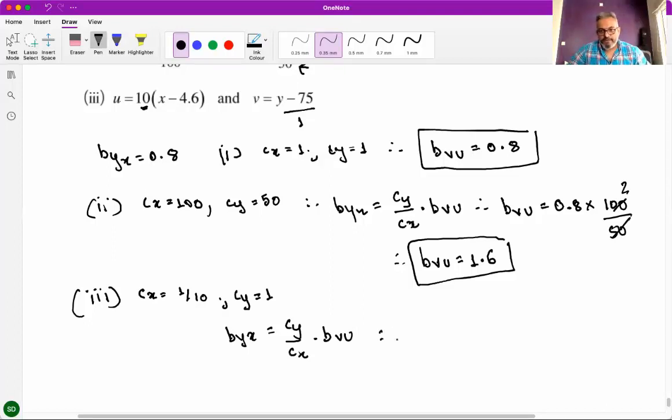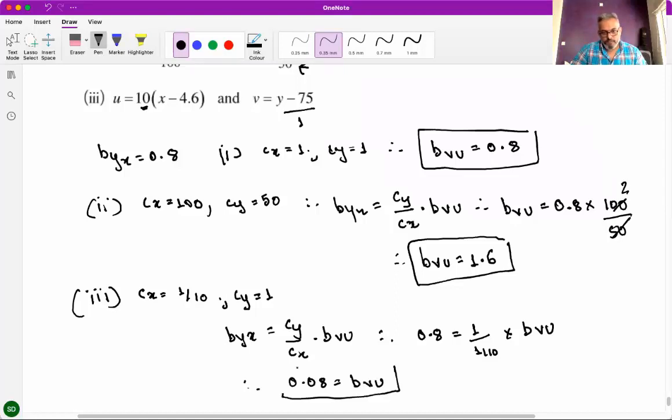So over here, therefore, b y on x is 0.8, which is equal to C of y is 1, C of x is 1 upon 10 into b v on u. Now we cross multiply. You can also take it as 0.1. So 0.8 into 0.1, which is equal to 0.08, is equal to b v on u, or b v on u is equal to 0.08. Answer.